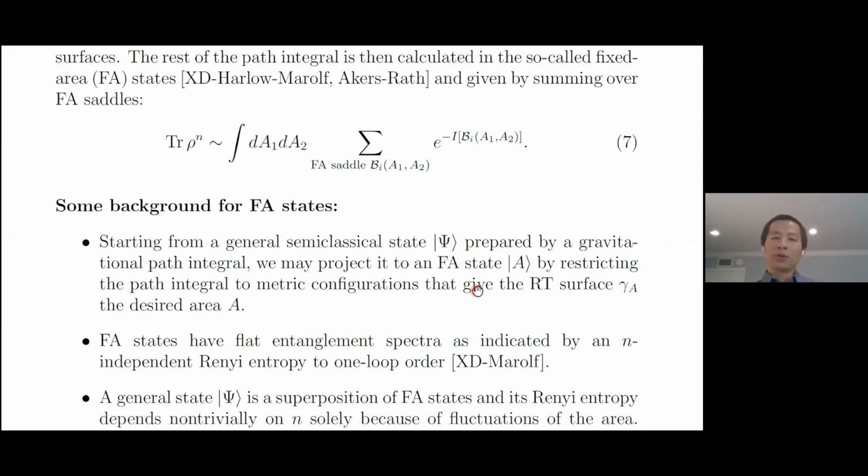Then we can project it to a state by restricting the path integral to only integrate over metric configurations that satisfy a constraint: the RT surface gamma A needs to have the desired area A. So we can label this fixed area state by the number A, and the general semi-classical state is then a superposition of the fixed area states.